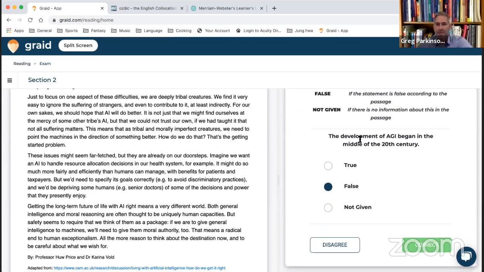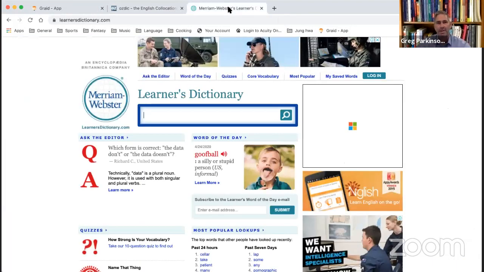Okay, I thought this was another word, which is a nice one. If I was creating a vocabulary list for you to study at home based on this reading, I would absolutely select development. That is a word which is going to be used across many different contexts, right? So the next thing I want to share with you is called a learner's dictionary.